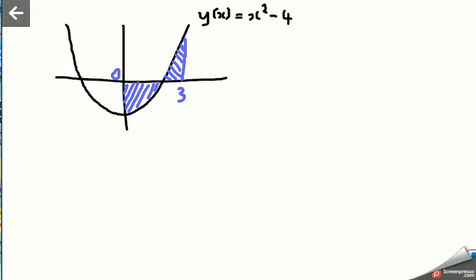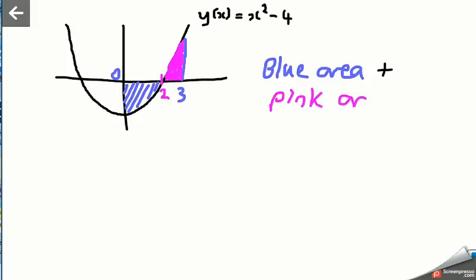So the blue area plus the pink area, how would I go about that? So this is x equals 2 still.